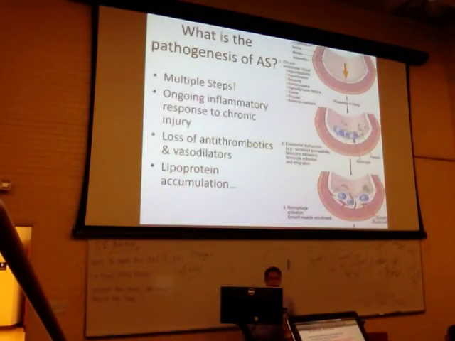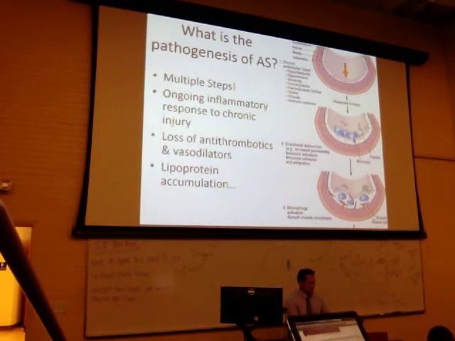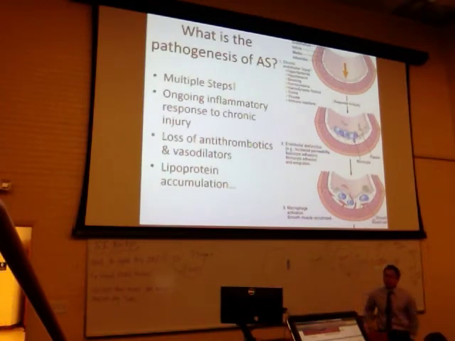So, how does this happen? What's the pathogenesis of atherosclerosis? AS, as we abbreviate it. Multiple steps. There's an ongoing response to an inflammatory insult. Ongoing meaning chronic, over time.